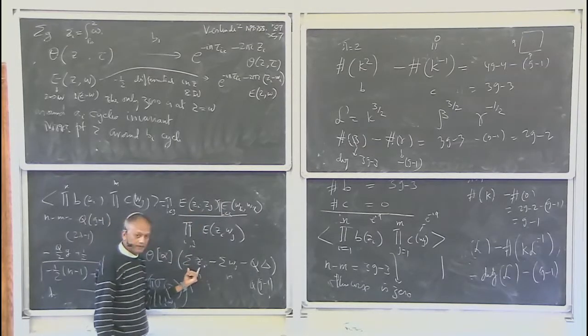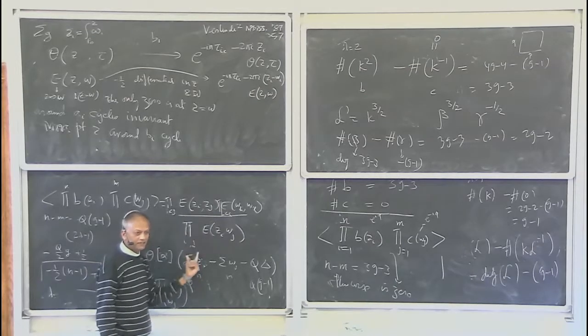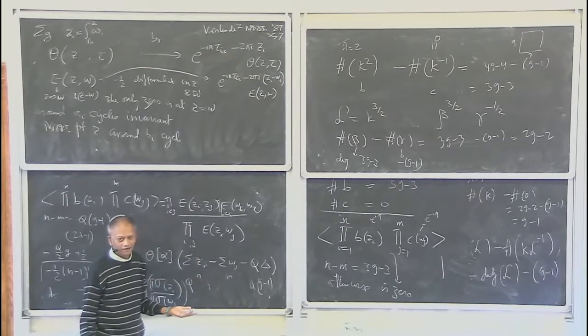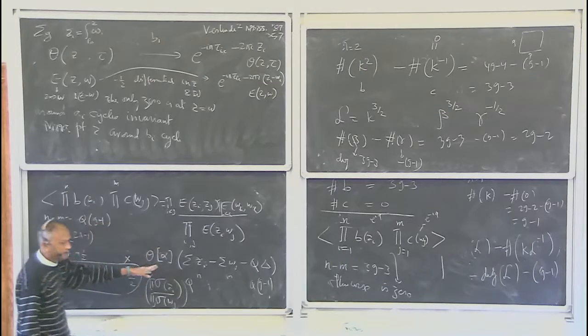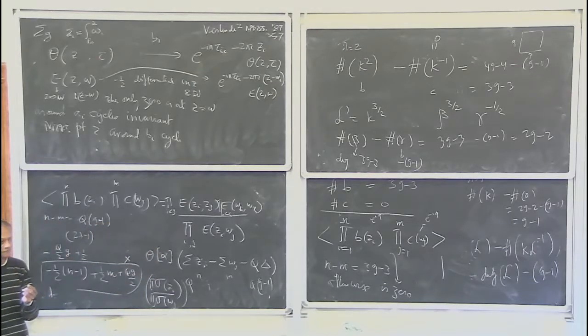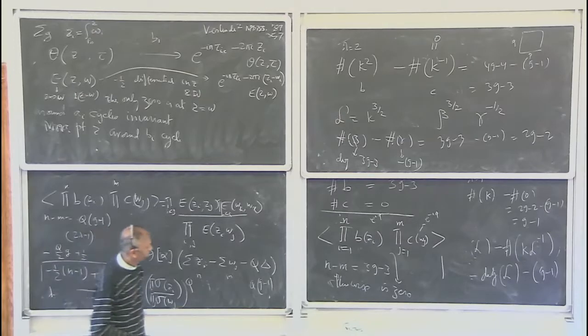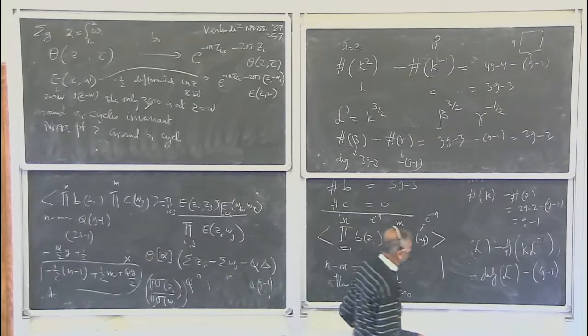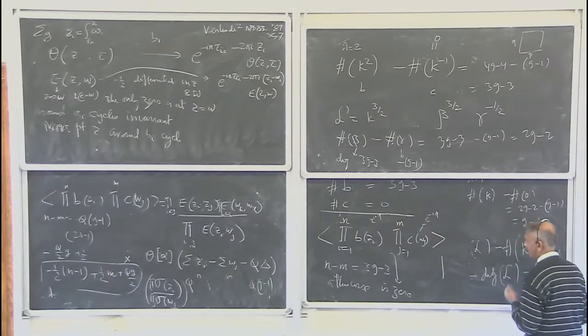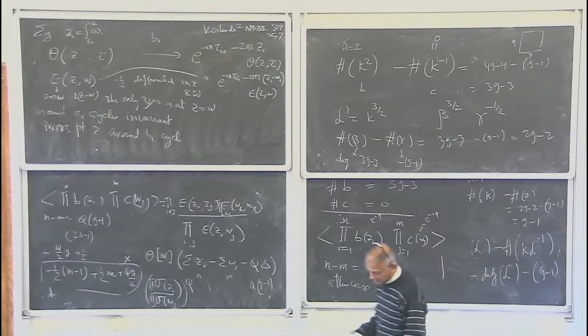Similarly, these things will pick up some phase, but it should be such that the phases cancel. Okay. If there is no spin structure. If there is a spin structure, it should be an appropriate phase corresponding to the spin structure. Okay. So that completely fixes this. There's no more freedom there. Okay.